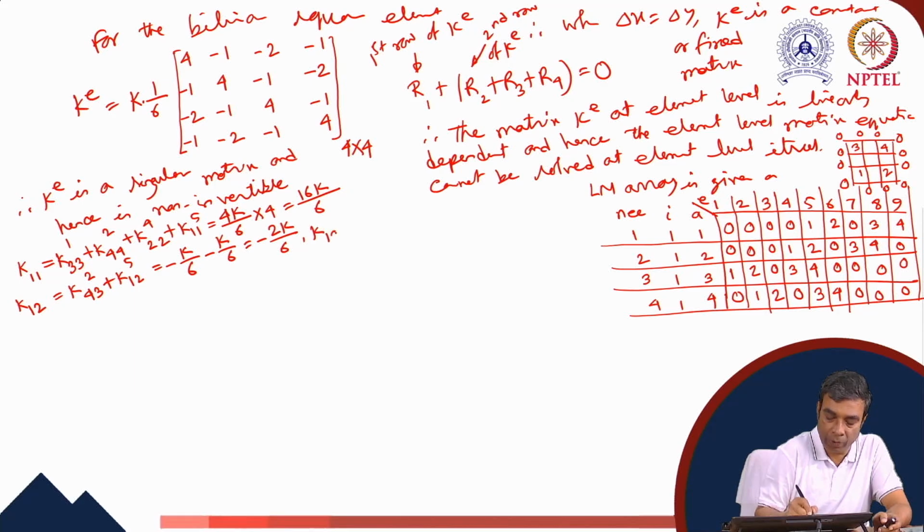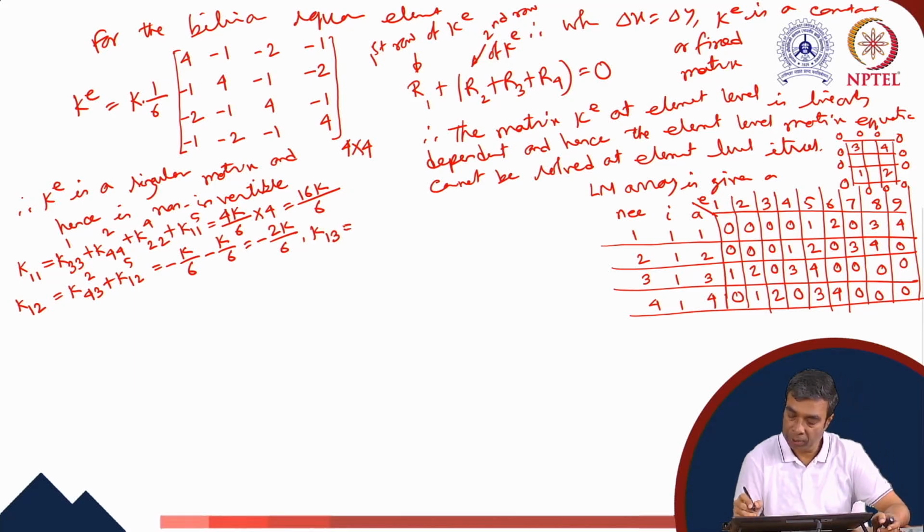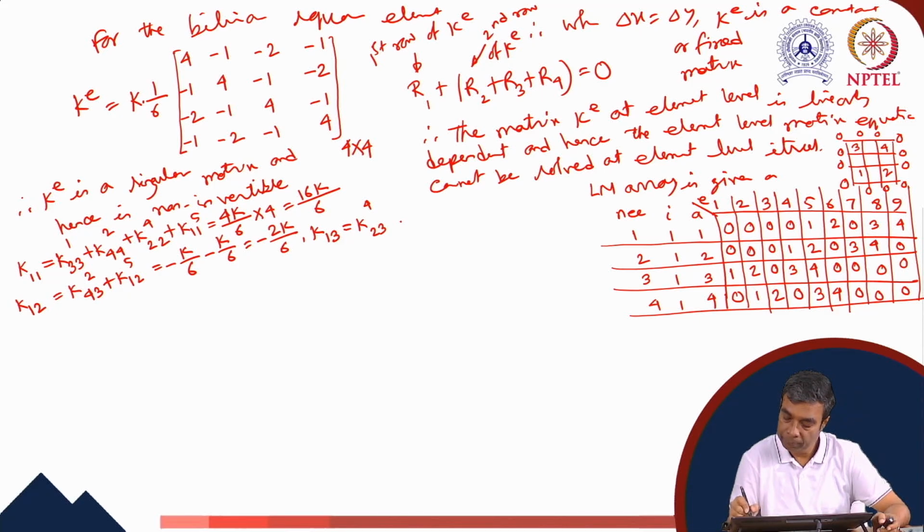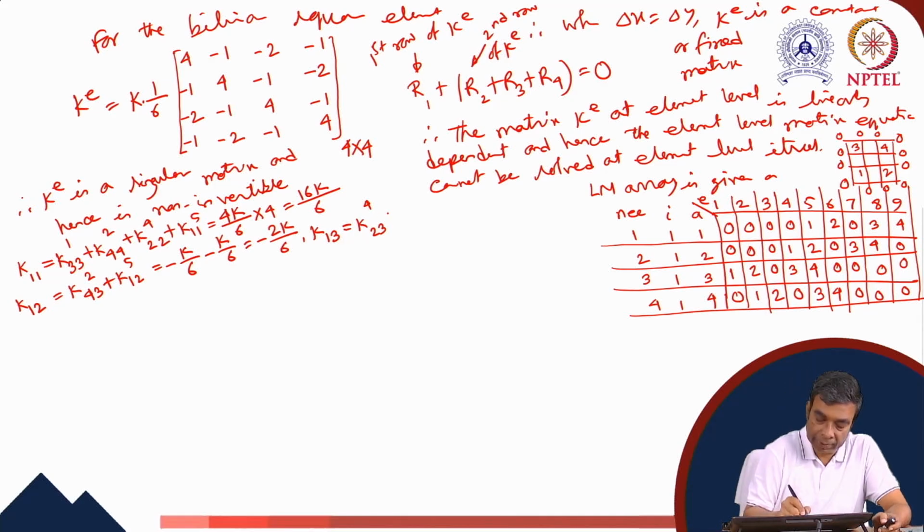Next we get K13. K13 equals K23 of element 4, plus K14 of element 5. K23 is minus K by 6, and K14 is also minus K by 6. So this gives us minus 2K by 6.